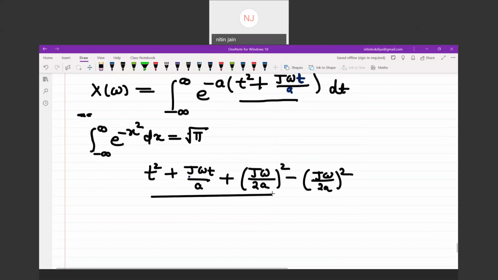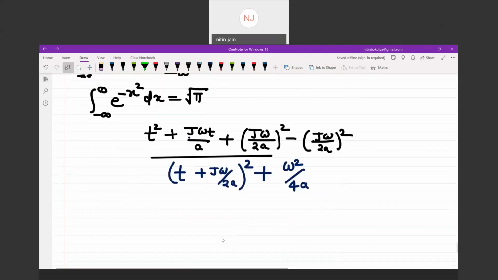So this equation will be t plus j omega by 2a, whole square, and plus, since j square is minus 1, this is omega square divided by 4a. This is the idea.